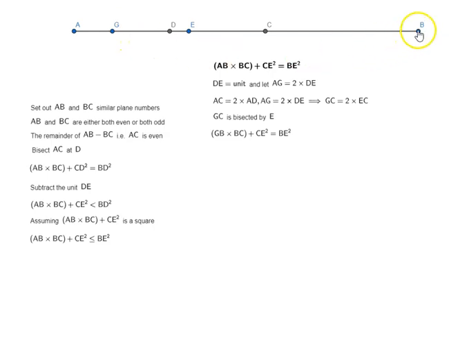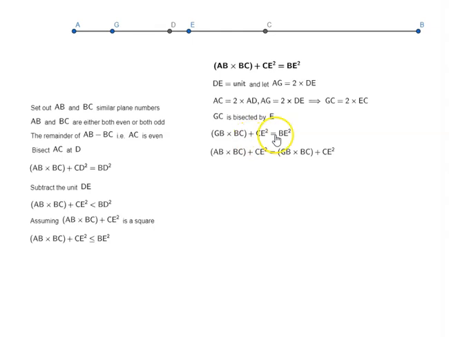GB by BC plus CE square is equal to BE square. That particular proposition from book 2 is being applied here. AB by BC plus CE square is equal to GB by BC plus CE square. So right hand side is here.